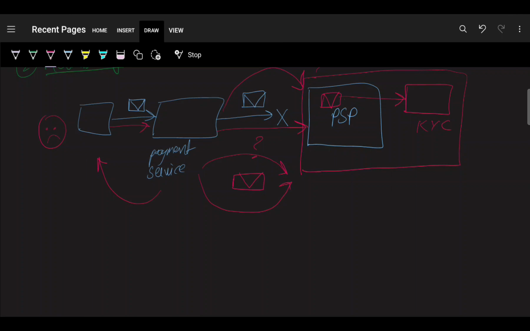What we need to understand is that accidents can happen, and the PSP itself exists as a service, and some components might have failed at their end as well, which might not be fixed immediately. So we have to make sure that we are using a certain type of protocol.